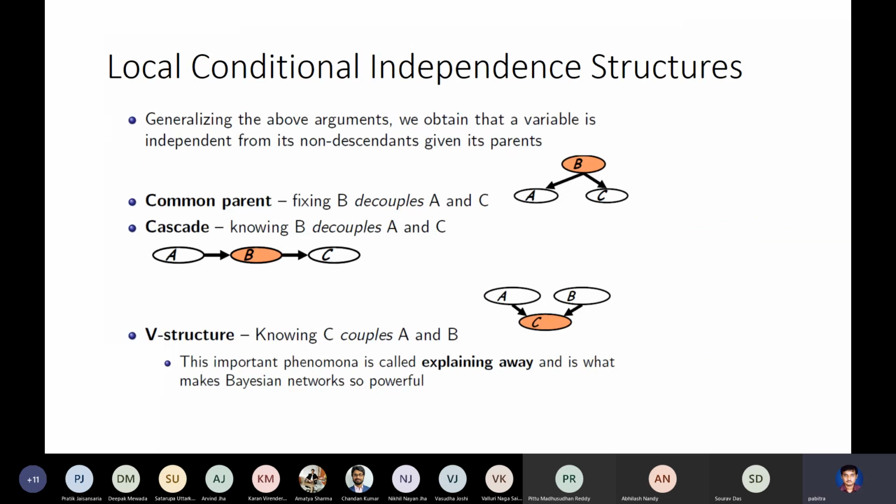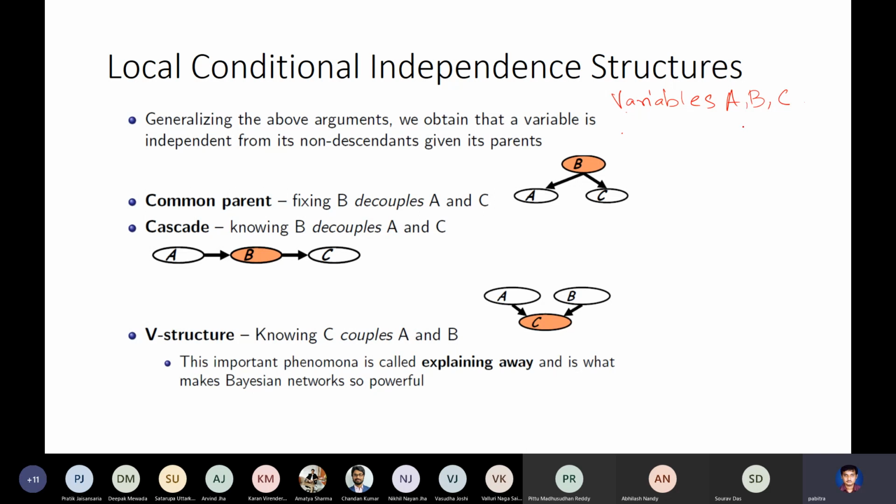Okay, so let us look at some of this. Let's take 3 variables, and look at a particular structure. Let's look at variables A, B, and C. Suppose there is this, and I'll write down this thing.